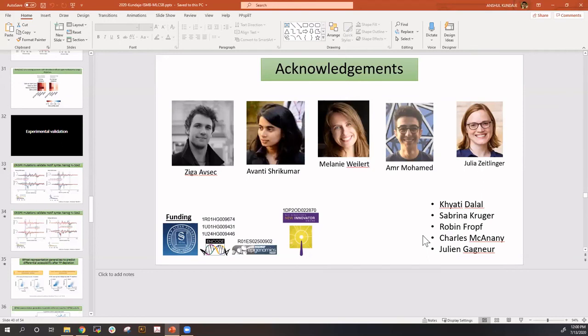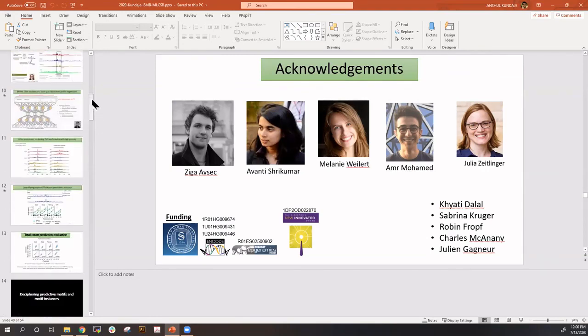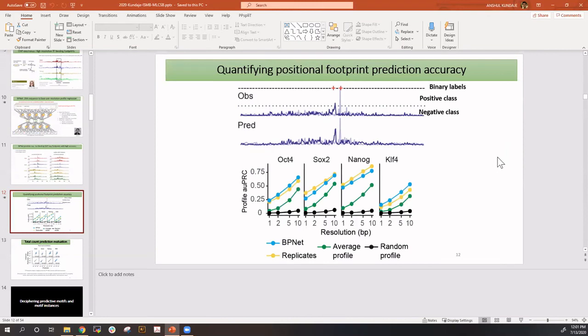Great. The third question, I think this refers to the way you were binarizing your data for predictions. Correct me if I'm wrong, Anshul. To define positive spike positions during the evaluation, what threshold is used? Have you tried evaluating at different thresholds? Yes. The threshold is based on the signal to noise ratio in the data set, and it's determined on the training set, so we don't touch the test set.